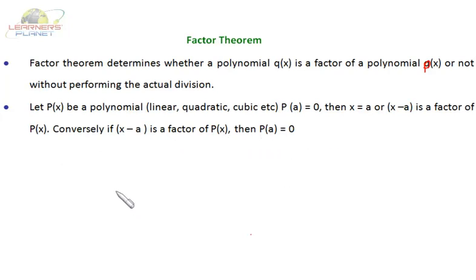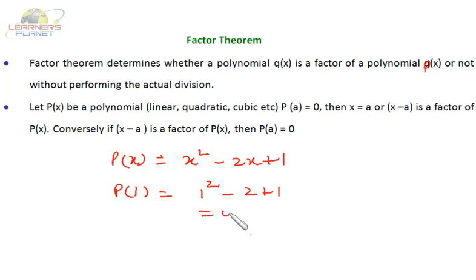I take one example. Suppose any polynomial p(x) is x square minus 2x plus 1. And I find p(1), that is 1 square minus 2 plus 1, which is 0. So p(1) is 0.